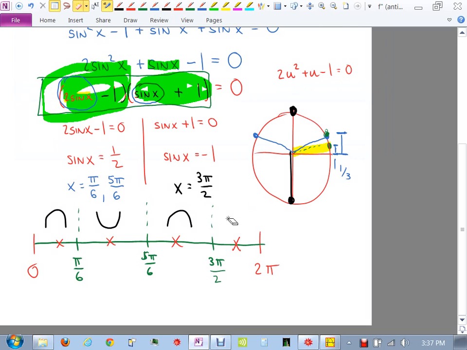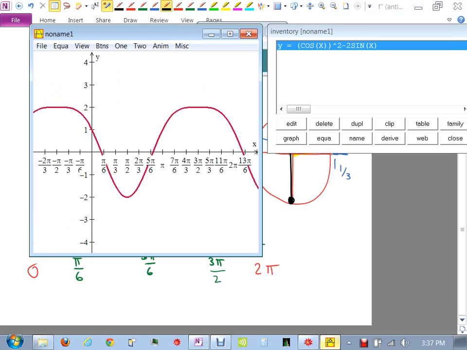This is wrong. Look, I made a mistake. You can mark it. Look, right here. This should not have switched. It would have been frown, frown. Then 3 pi over 2 is not a point of inflection. So you can feel free to do something like this at home. Graph it, see if it matches your answers, you know, or even on a test.